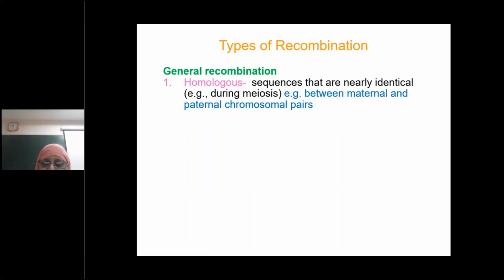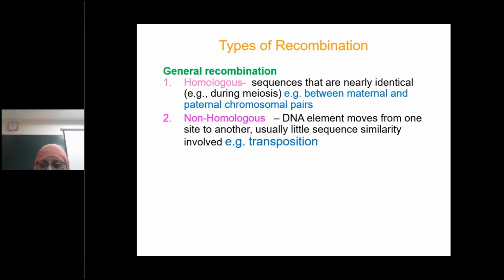Homologous recombination involves sequences that are nearly identical. For example, during meiosis there is an exchange between the maternal and paternal chromosome pairs. Non-homologous recombination is where a DNA element moves from one site to another.